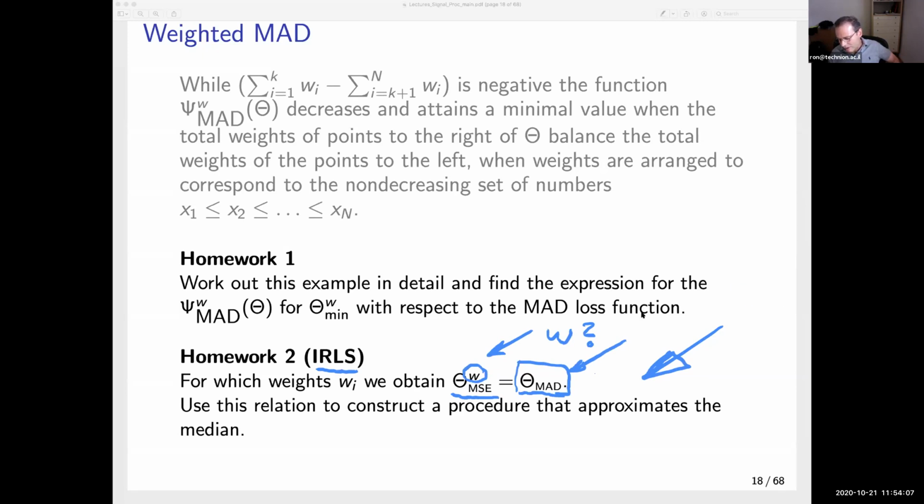Why is it important? It is important because in some cases it is very difficult to optimize numerically for the L1. We would like to ask how we can relate it to an L2 optimizer, and apparently we can. We can define weights that would optimize an L2 problem, then find new weights and optimize a new L2 problem, and then find new weights again.